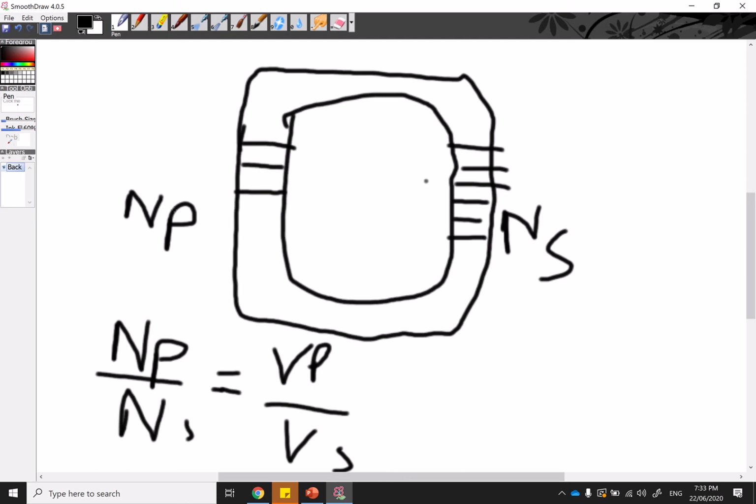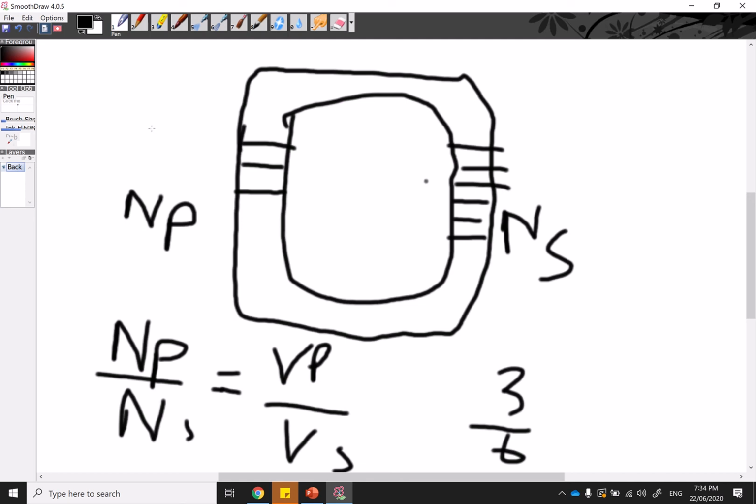So when there's a voltage in the primary coil and a voltage in the secondary coil, their ratio is the same as the number of primary coils over the number of secondary coils. Now we know there are 3 and 6. 3 on the primary coil and 6 in the secondary.